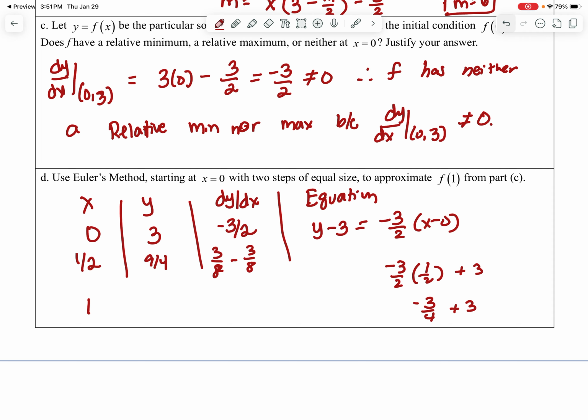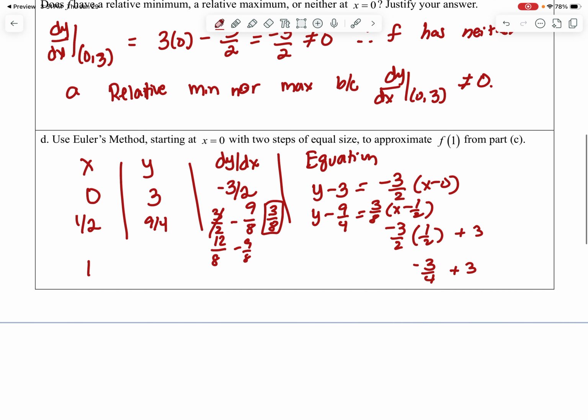Just kidding. That's 9 over 4. So 9 over 4 divided by 2 is 9 over 8. So this is actually a 9. But this becomes 12. So 3/8. So then your new tangent line equation is y minus 9/4, 3/8, x minus 1/2.